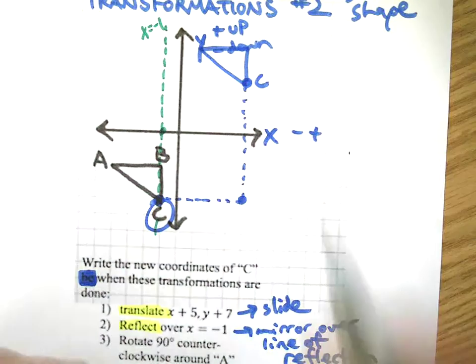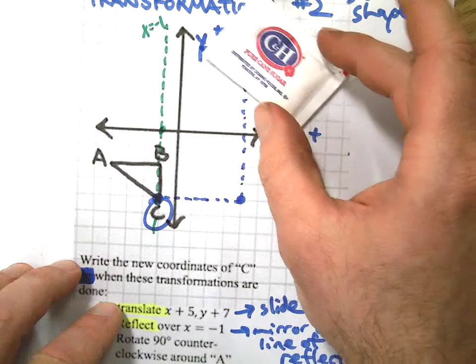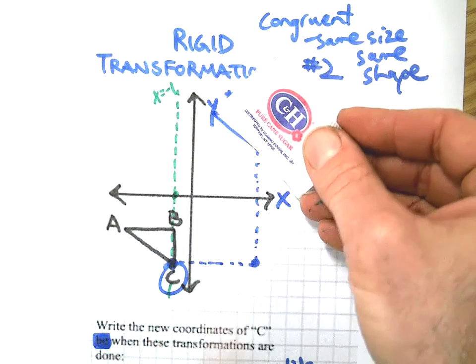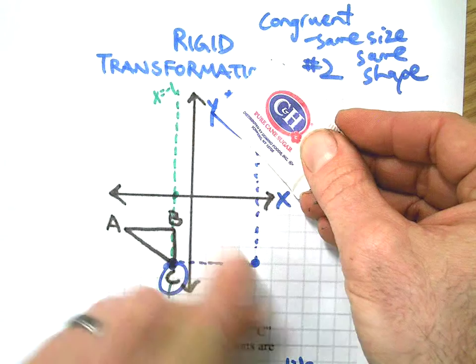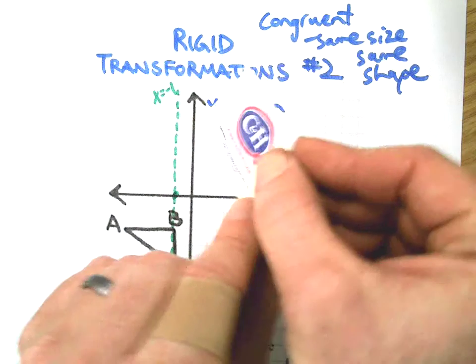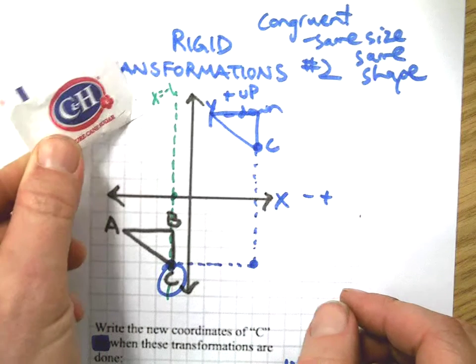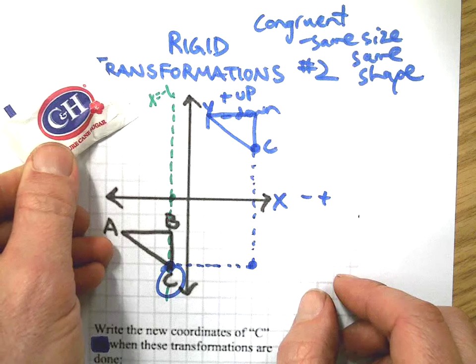Now, when I reflect it over a line, everything's going to end up the opposite way. Like if I have my sugar packet sitting there, and I'm going to reflect it over that line. See how it's starting off 2 away from the line to begin with? So when I reflect it, it's going to end up 2 on the other side of the line.